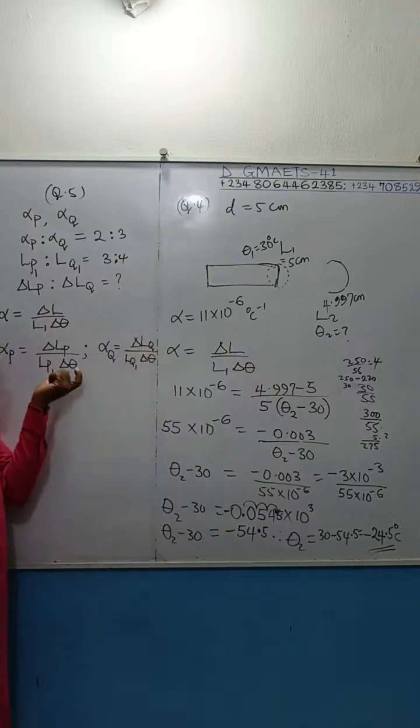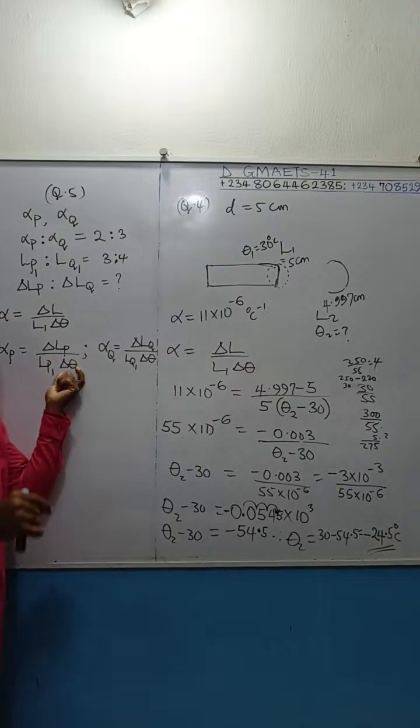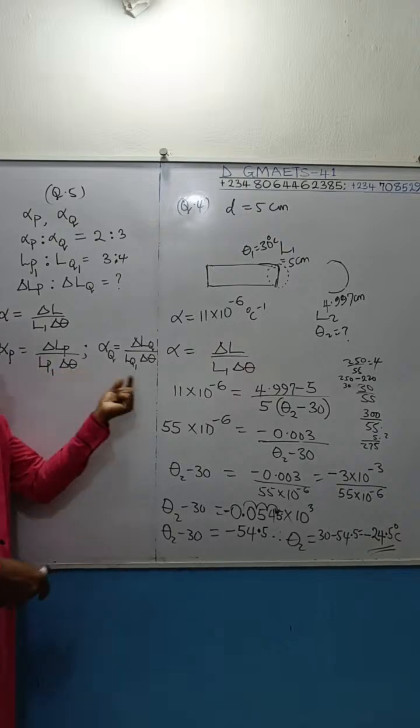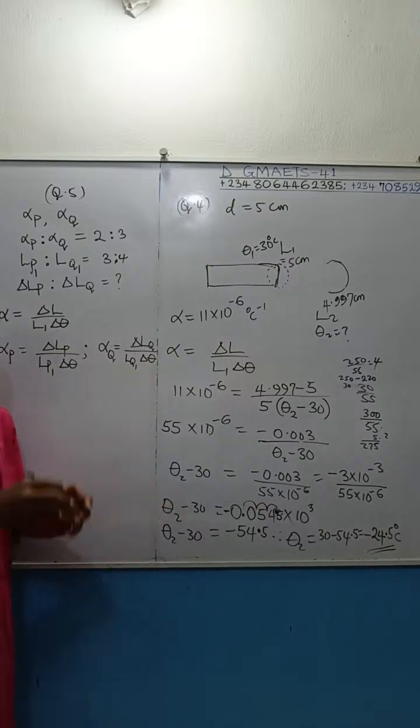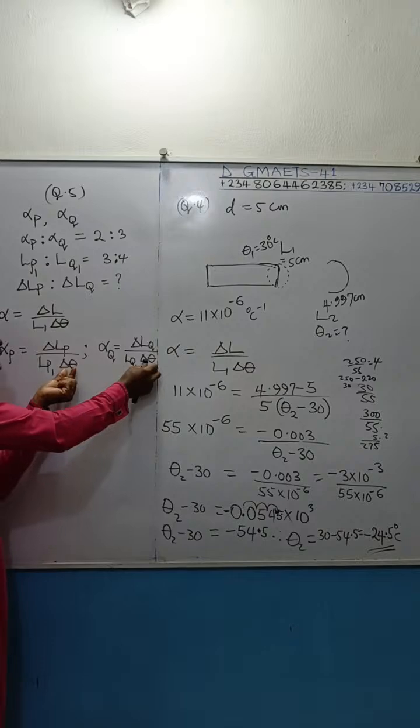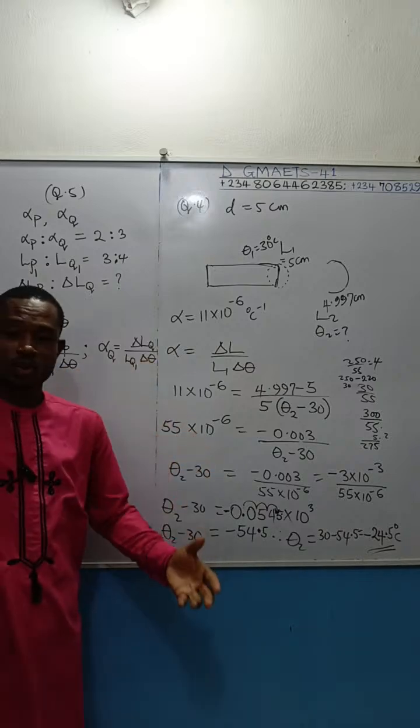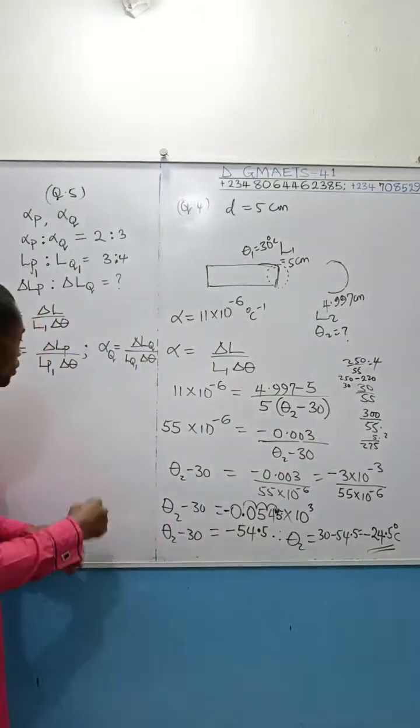You notice that I did not bother writing delta theta P and delta theta Q. We don't need it because both of them have the same temperature rise according to the question.